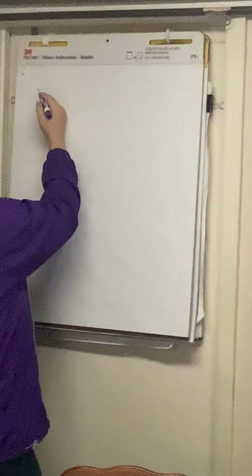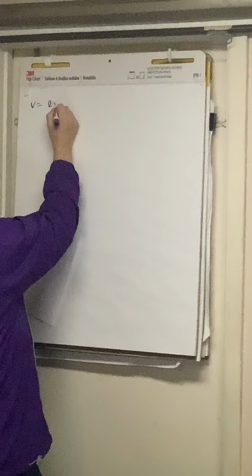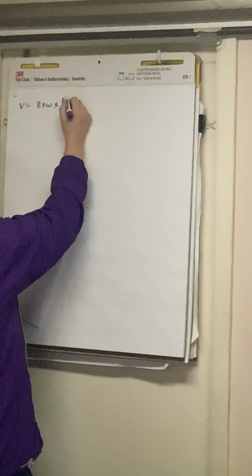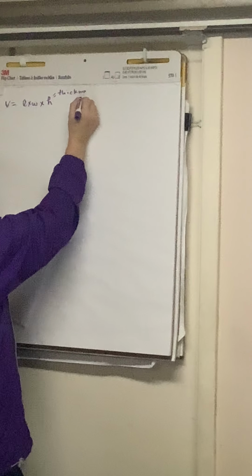But let me show you how that works. Volume is equal to what? Length times width times height. Or in our case, the height of the aluminum foil would be our thickness.